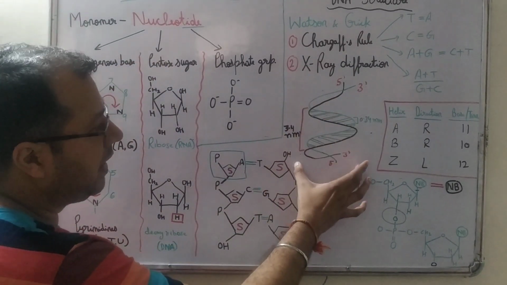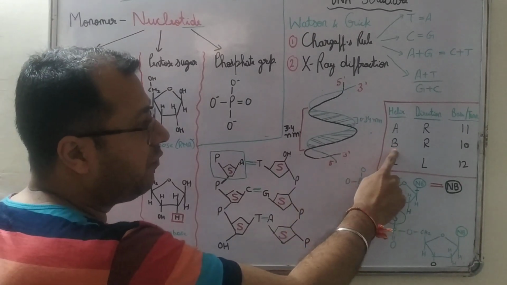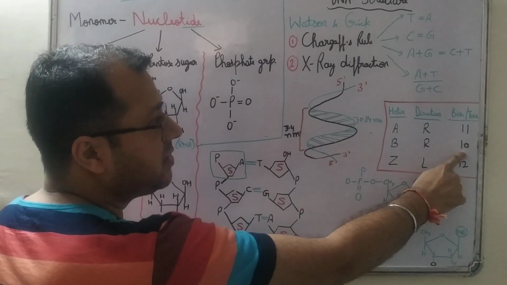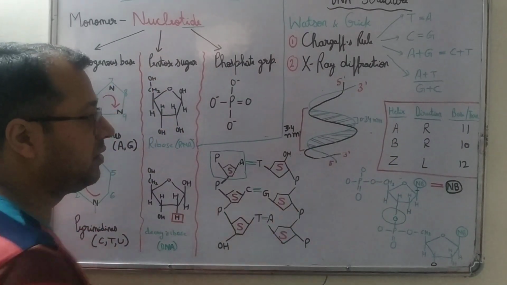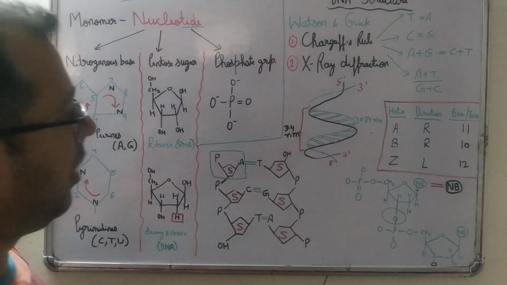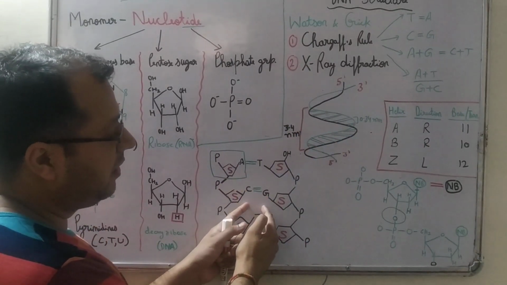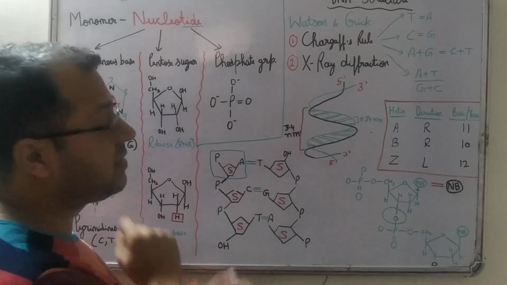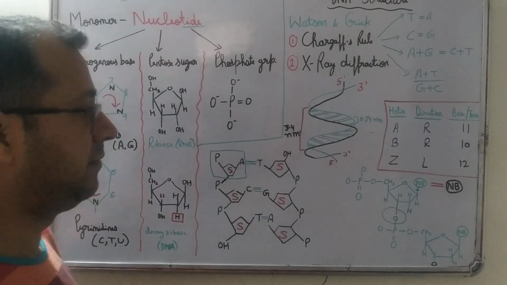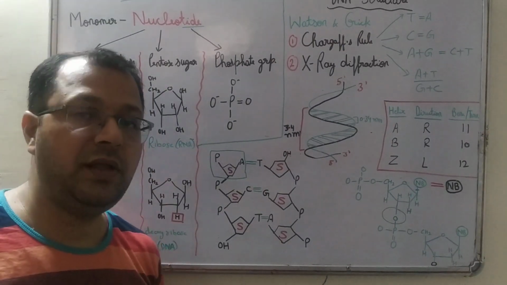It is the B form of DNA having 10 base pairs per turn. This was the basic structure, showing how the two strands are attached with each other and run in an anti-parallel direction with the help of hydrogen bonds. So this completes our basic information about the nucleic acids.